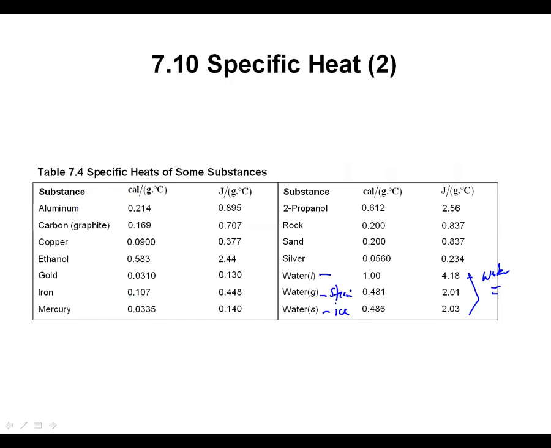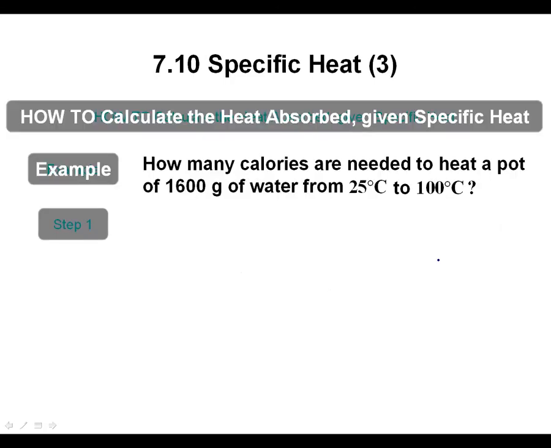So let's take a look at an example of calculating specific heat. We want to know how many calories are needed to heat a pot of 1,600 grams of water from 25 degrees Celsius to 100 degrees Celsius. We can use our specific heat equation, which is Q = msΔT.